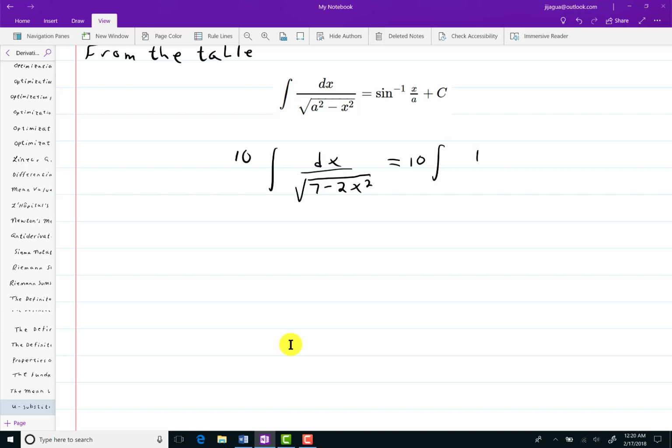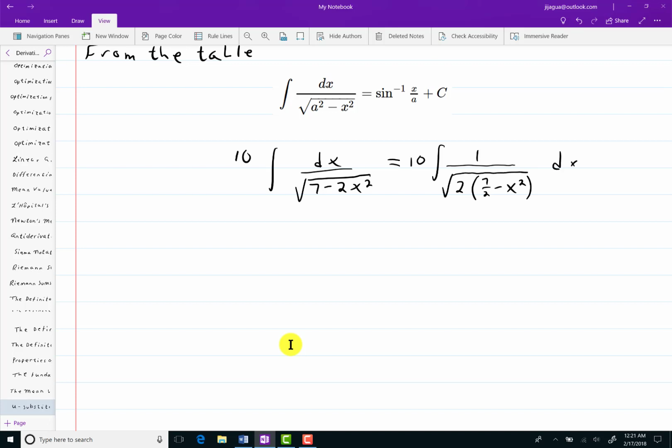So if I factor the 2 out, here's what I have left inside of there: 7 halves minus x squared, in the parentheses, and I've got my dx.